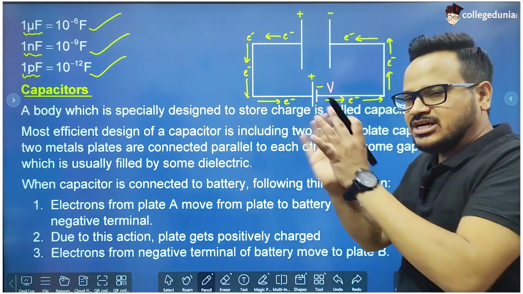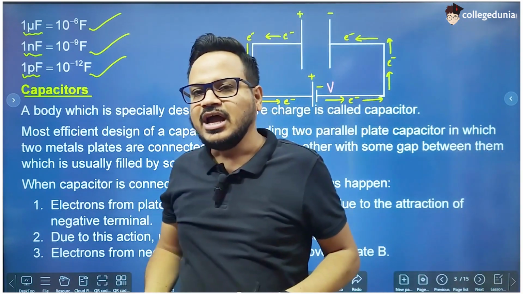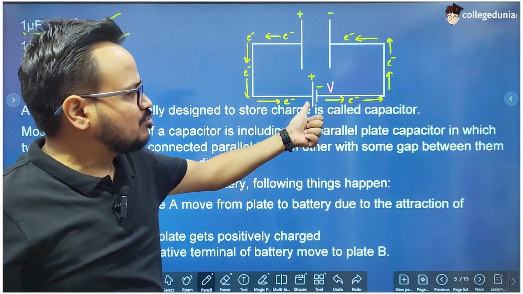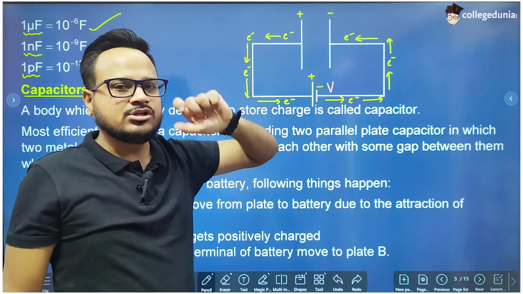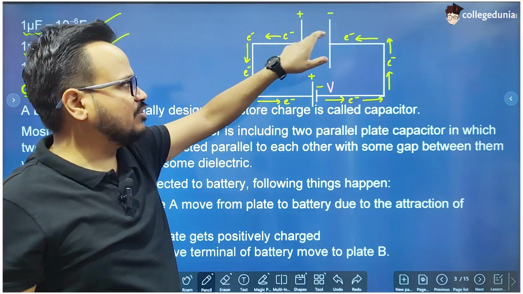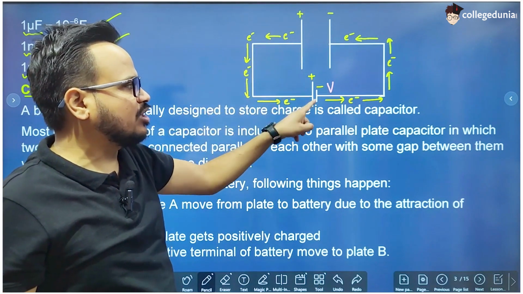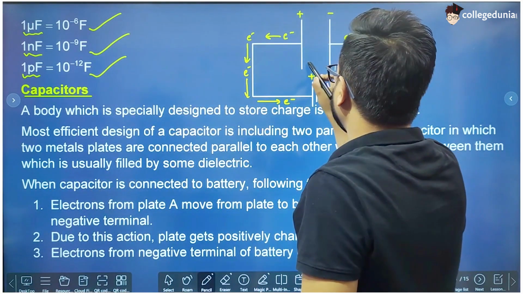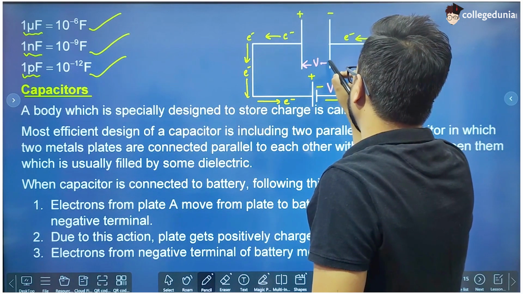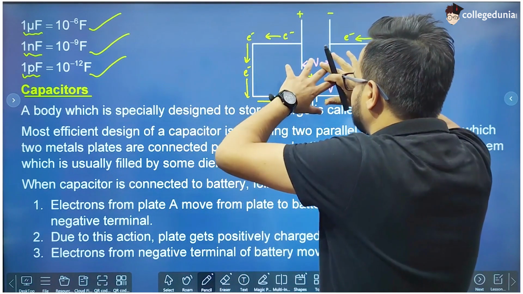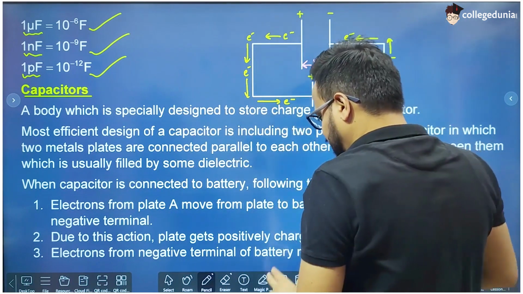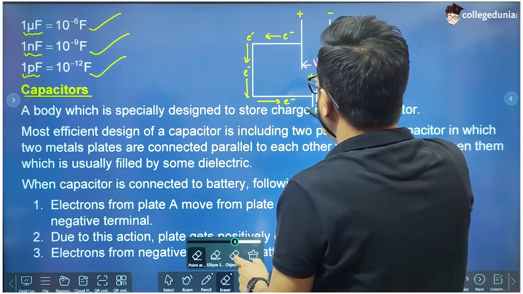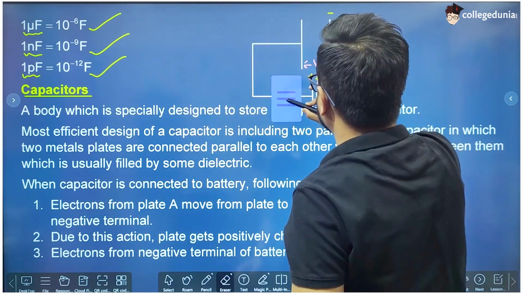So the potential difference between the plates will increase, and since this battery is responsible for charging this capacitor, the potential difference between the plates cannot increase beyond V. So after some time, when the potential difference between the plates becomes V, this process stops, and the charge flowing through these wires also stops.